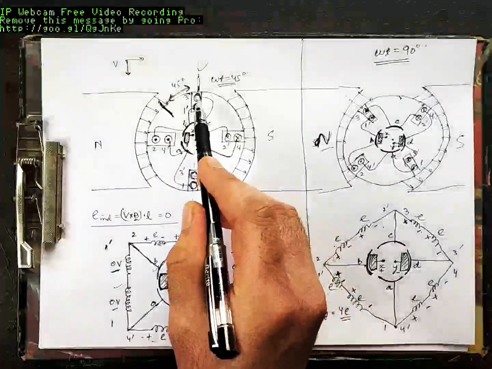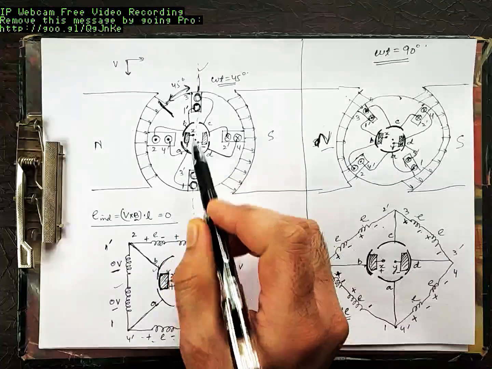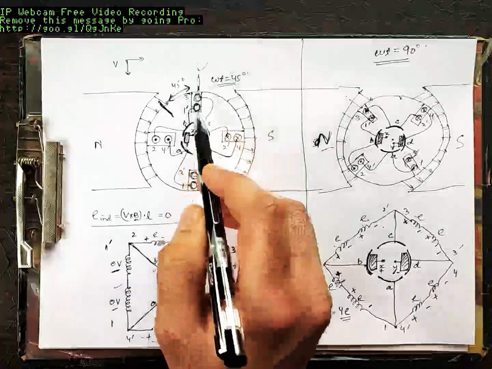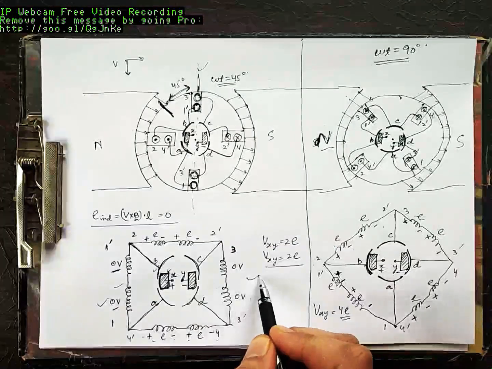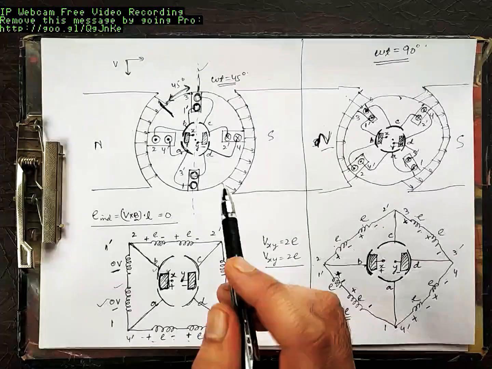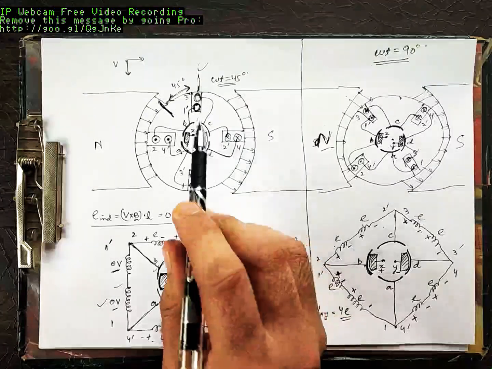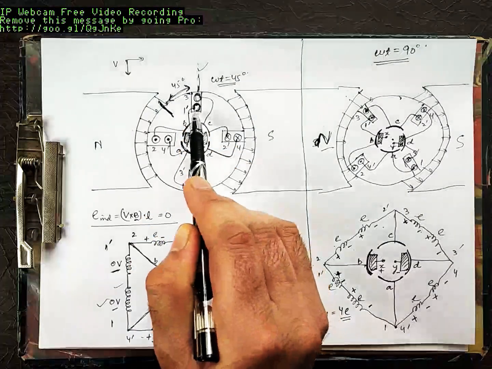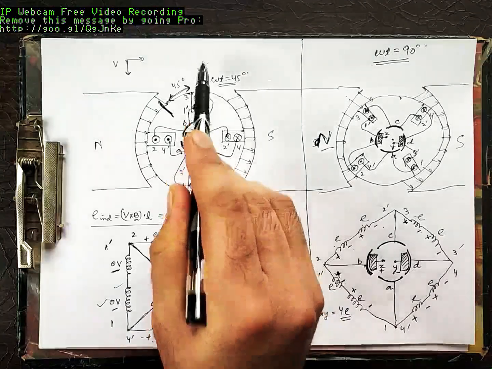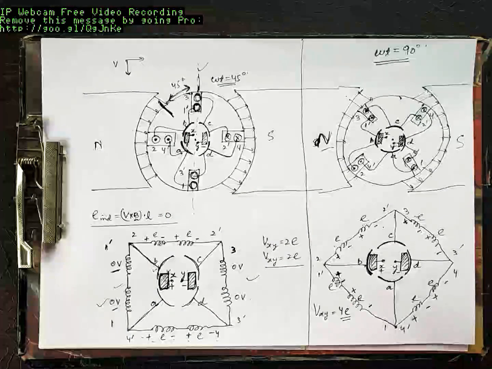When coil 1 and coil 3 are in this position, they are being short circuited respectively by brushes X and Y. But luckily at this position, the voltage induced in coil 1 and in coil 3 was 0. Why?